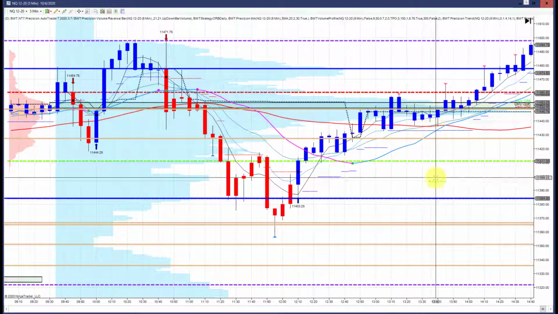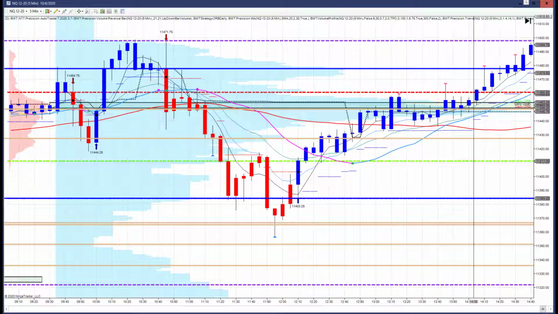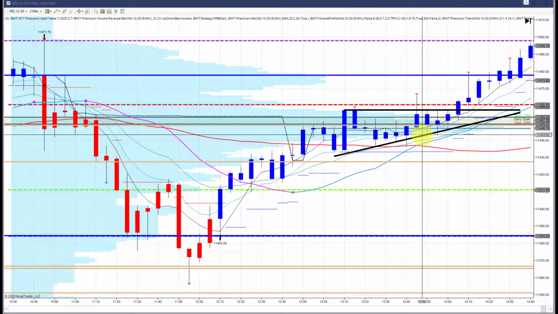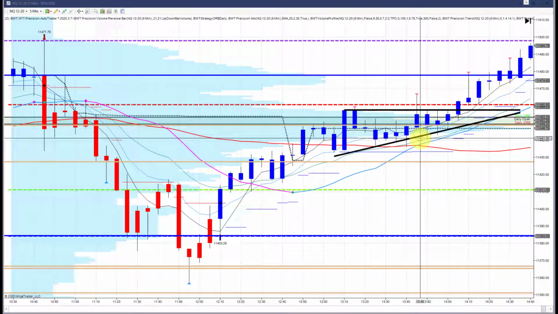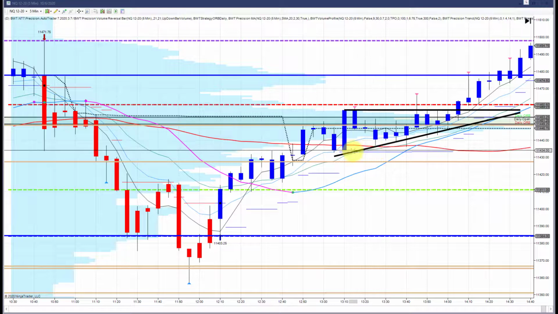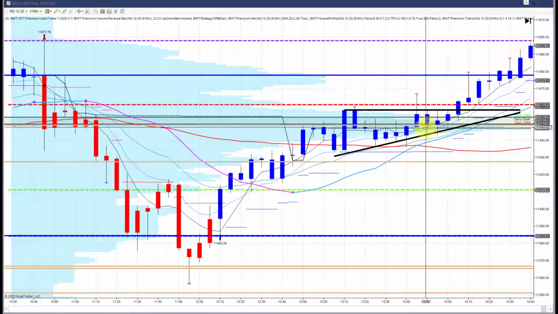This was essentially causing a rising wedge, or a bull flag as it's commonly known. I drew that on the chart here; it's basically rising bottoms, or higher lows, and this was occurring right at the point of control, where the most volume is, and at the open.